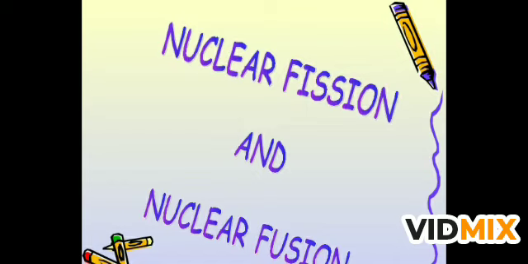And this is what happens when a heavy nucleus decays into two or more intermediate mass fragments. This is called fission. Or when light nuclei fuse into a heavier nucleus, this is called fusion.